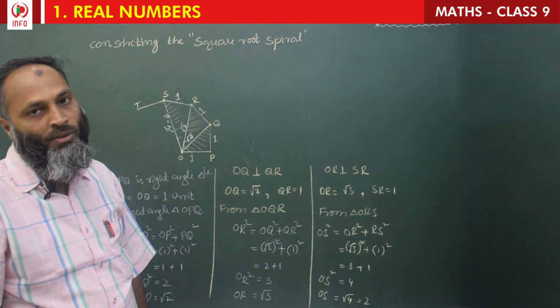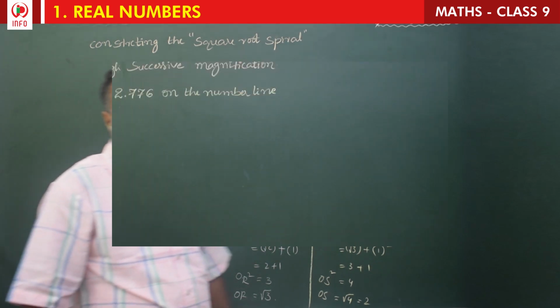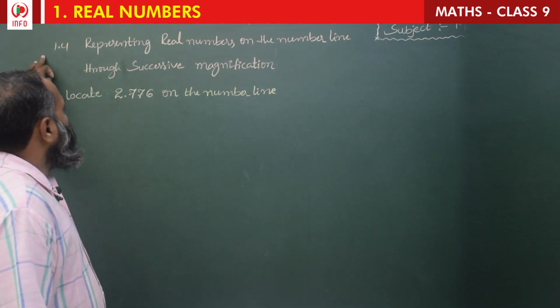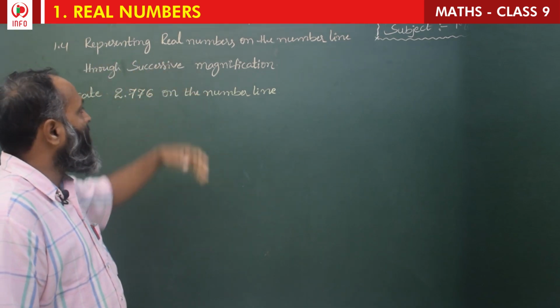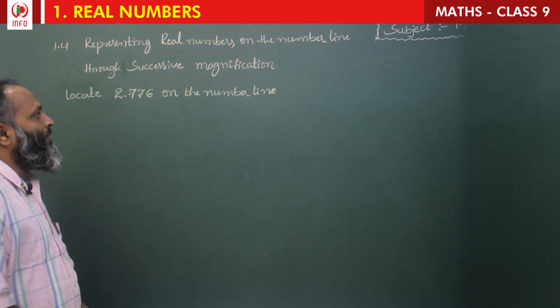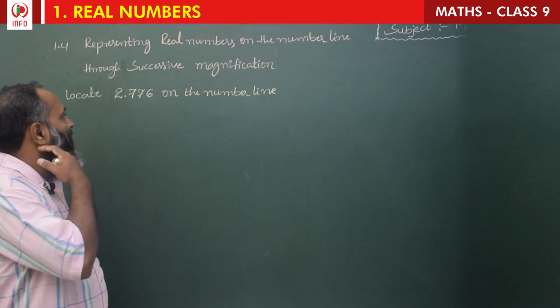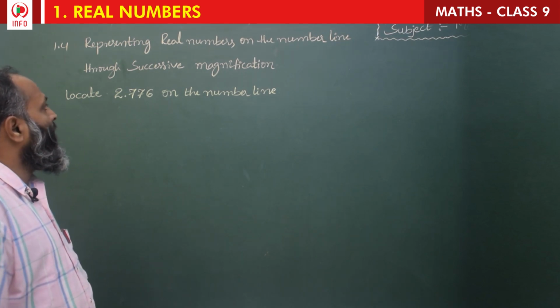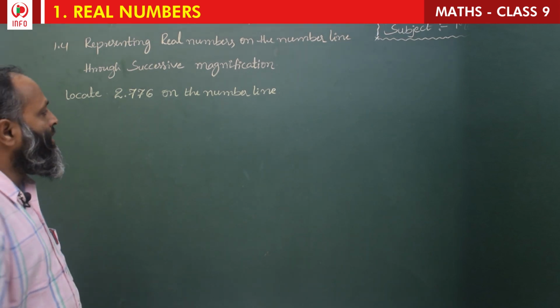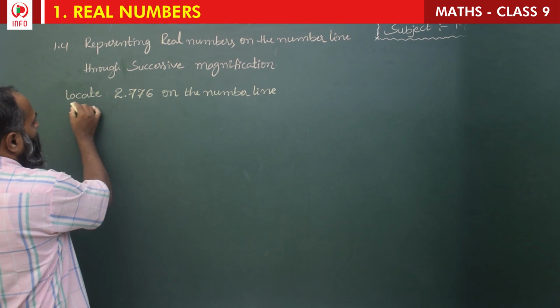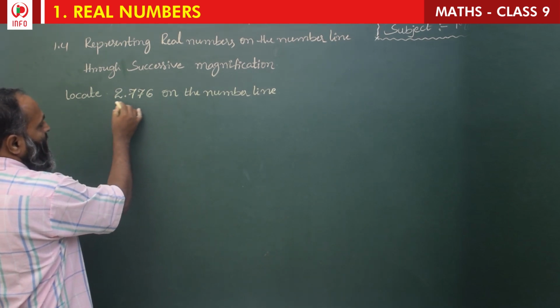Okay students, the next concept is representing real numbers on the number line through successive magnification. So how do we locate a number on a number line? The given question is 2.776.